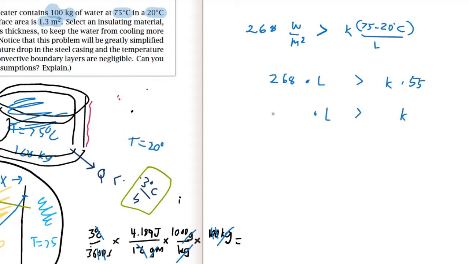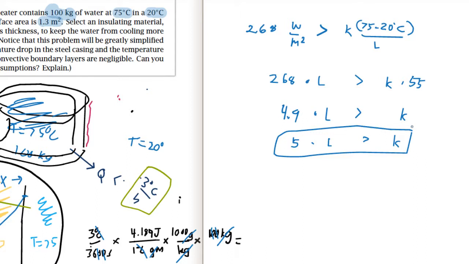So K times what, 55 over 268. Calculator, 4.89. So 4.9 here. We have one significant figure in a lot of these numbers, so I could just call this 5. L is greater than 5K. So here's where I need to start making some choices.